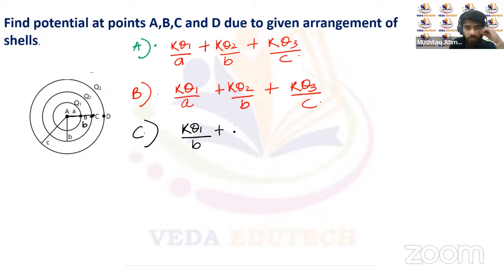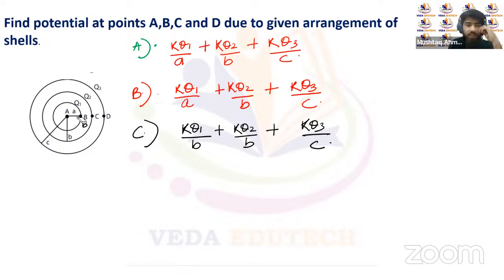And because of the charge Q2, it will be KQ2 upon B because it's on the surface of the shell Q2. Now, for the third shell, point C lies inside this third shell, so the potential because of Q3 charge will be KQ3 upon C. So this will be the net potential at point C.